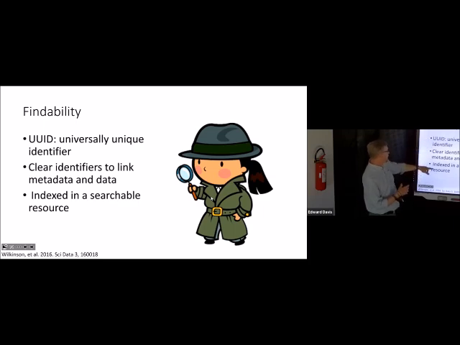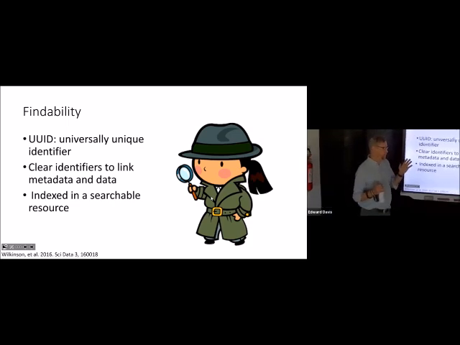And then your data have to be indexed in a searchable resource. So this is the difference between taking a data table on your paper and putting it into something like Dryad, where it is freely available and it's archived so that it'll be available indefinitely, and putting it into something more like GBIF or the Neotoma paleoecology database or the Futures database that I'll talk about later.